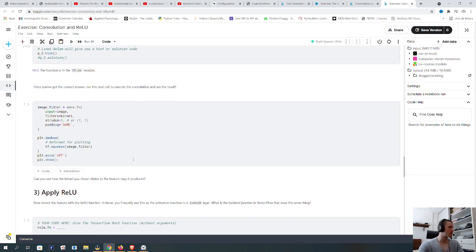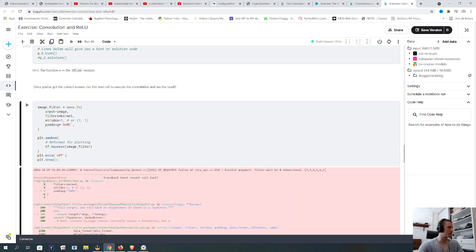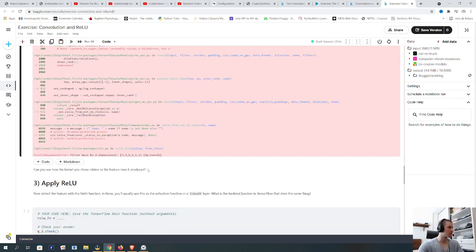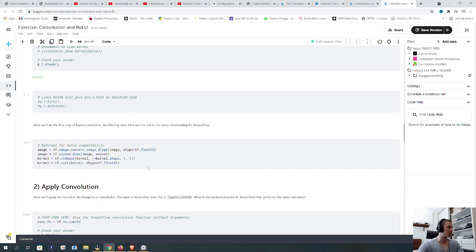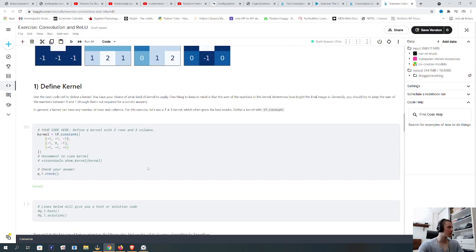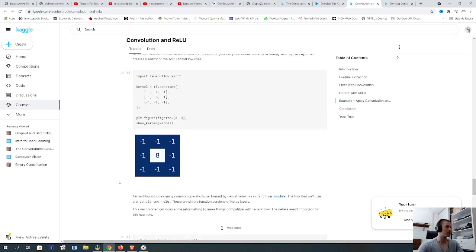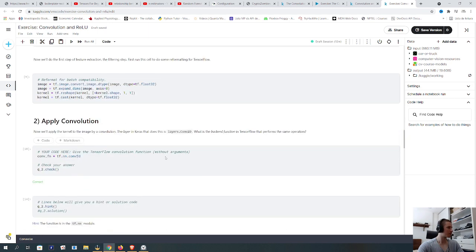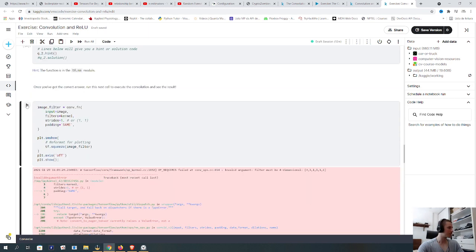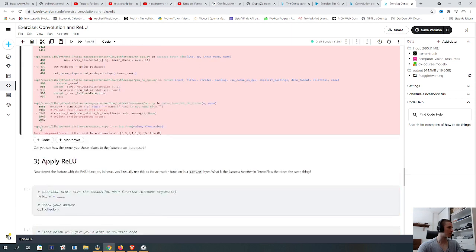Once you've got the correct answer, run the cell to execute the convolution and see the results. Filter must be 4-dimensional. Let me see if I did the kernel the right way. It seems to be correct. Why is it giving me this mistake?